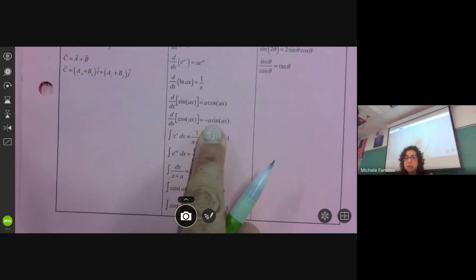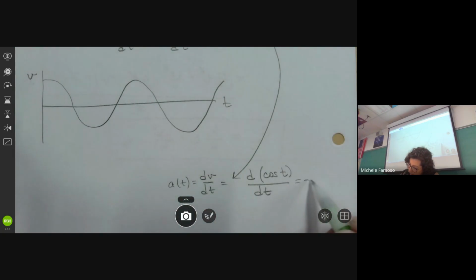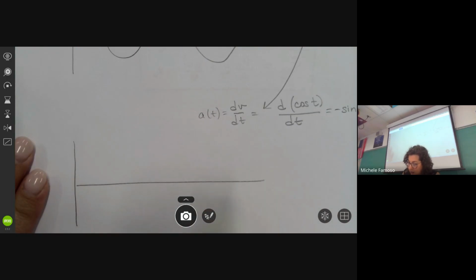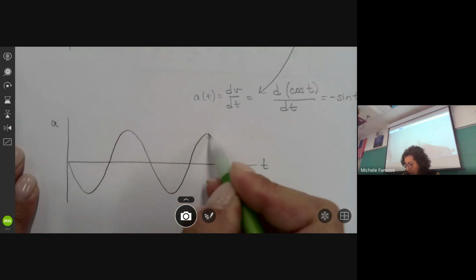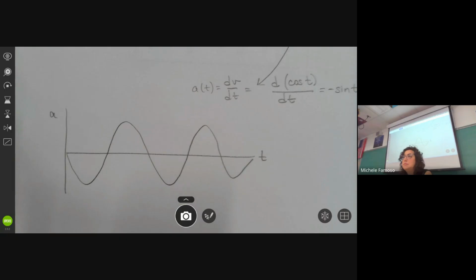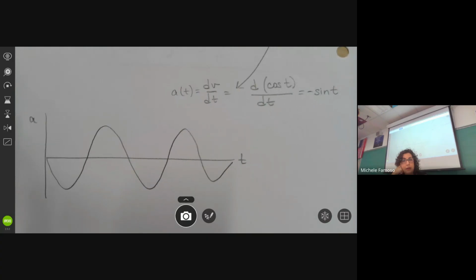Derivative of cosine is equal to negative sine. So what should it look like? The inverse of what you were given. Roughly, right? If you had graph paper, then you could make sure you were hitting the points correctly and so forth, but that's it. Okay?